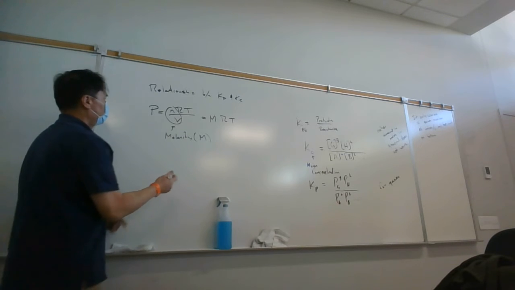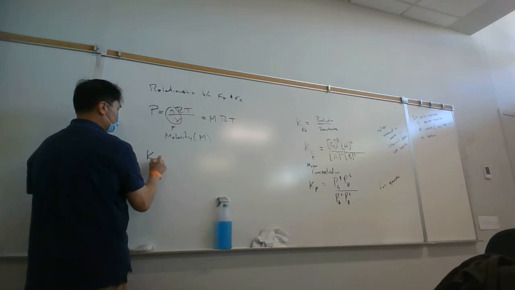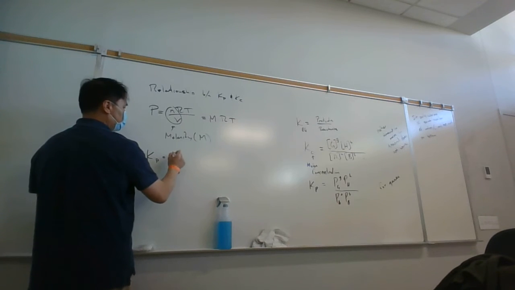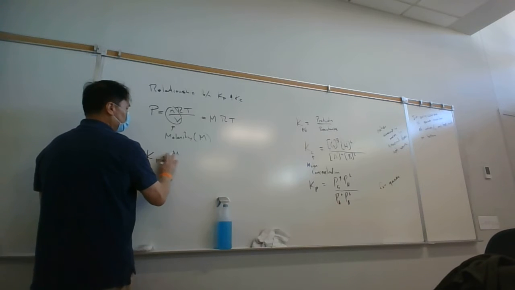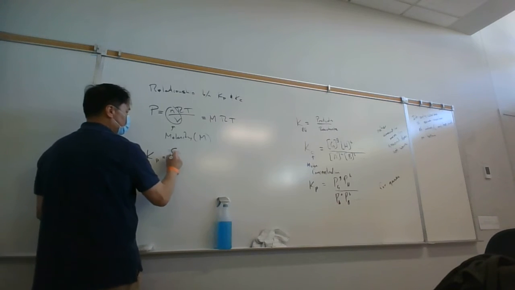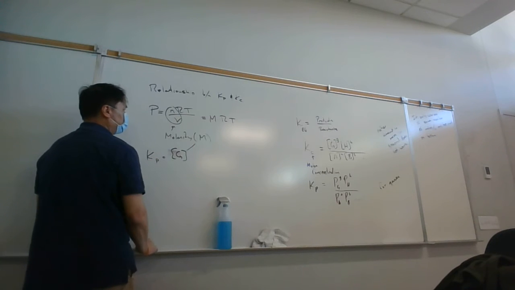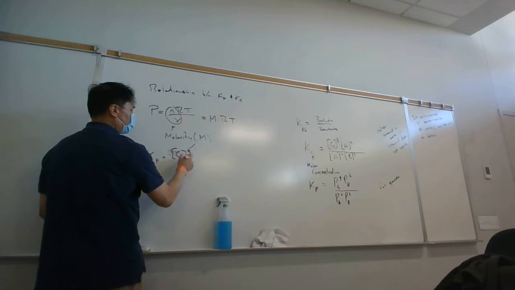So when we look at the Kp, we can go ahead and substitute. Kp is going to equal the pressure of G, raised to little g. The pressure of G is going to be the molarity of G, which we can express in terms of square brackets, times RT, and this whole thing is raised to little g power.